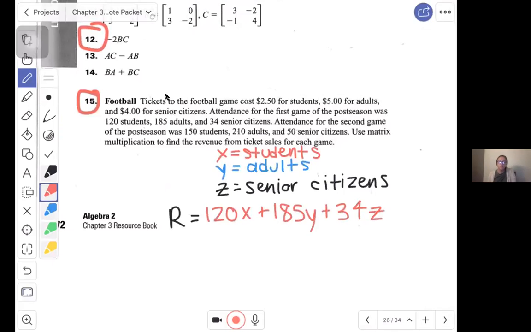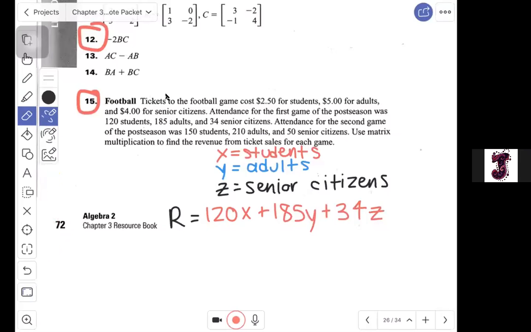So, Jaden, do we know what the cost of each of these tickets are? Yeah, the students is $2.50, the adults is $5, and the senior citizens is $4. Yeah. So that's exactly what our X, Y, and Z are going to be here.